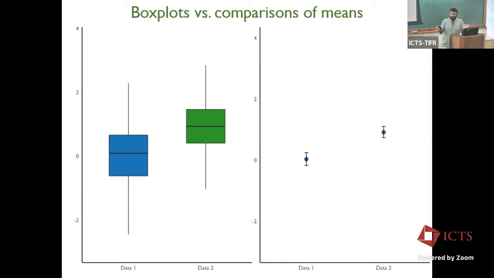In that you get a whole set of proportion values. In one of them you had 0.1 as the proportion of frogs that had the fungus, another one it was 0.2, another one it was 0.2, one of them it was 0.3. So you have many such proportions. Now there are two ways in which you can handle this data and show it over here. One is you can just look at how much variation there is in all of these proportions you have got. So that is what a box plot is.